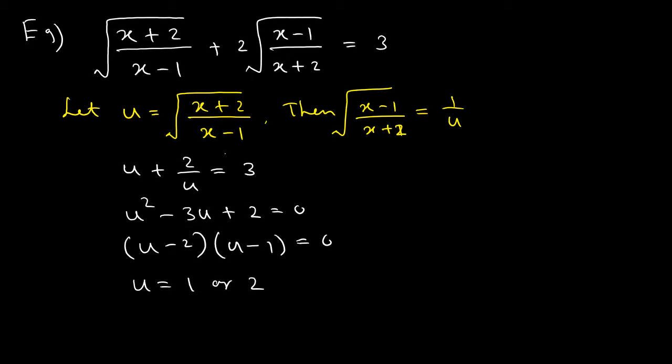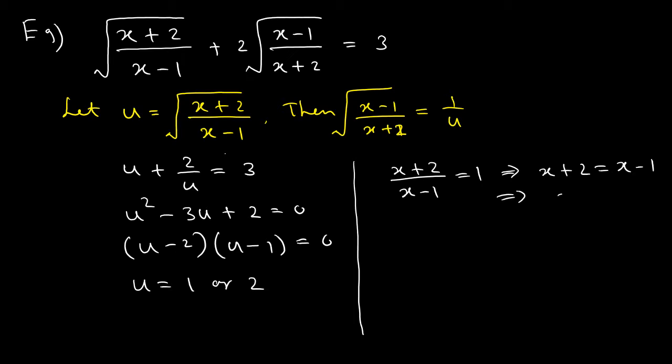So what we can do is set them separately. Let's start with the first one: the square root of (x plus 2 over x minus 1) equals 1. This says that if you cross multiply, x plus 2 equals x minus 1, and this leads to 2 equals negative 1, which is not possible. So that means u equals 1 is not a solution.